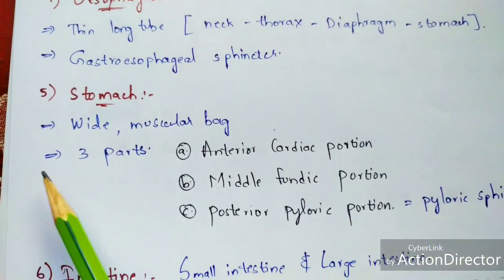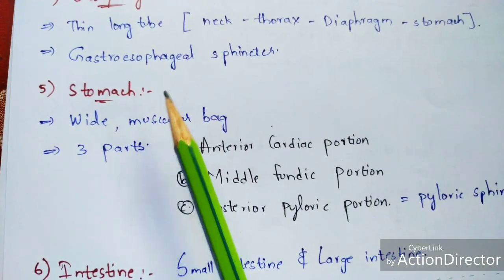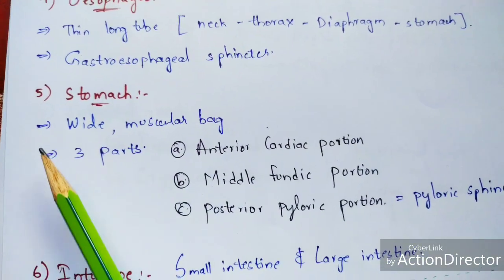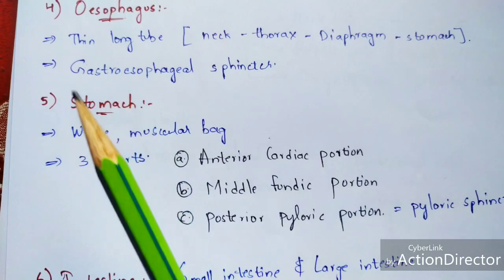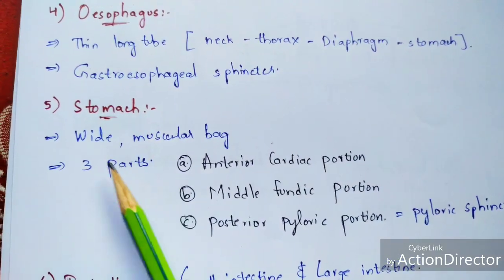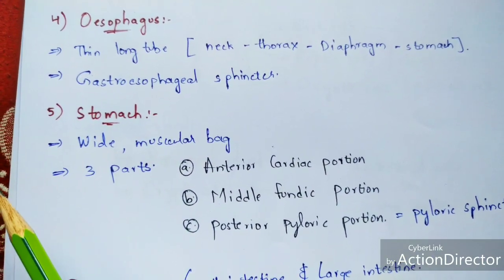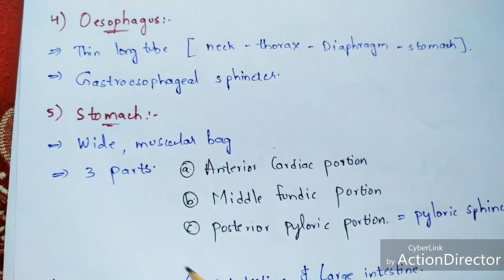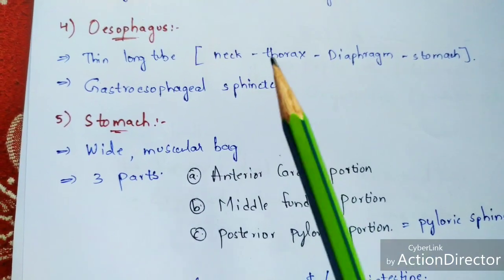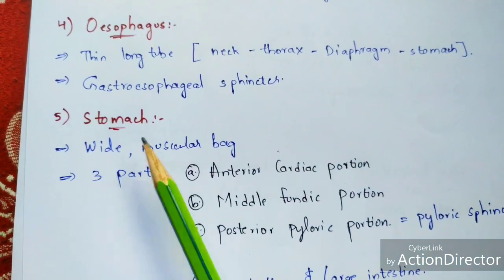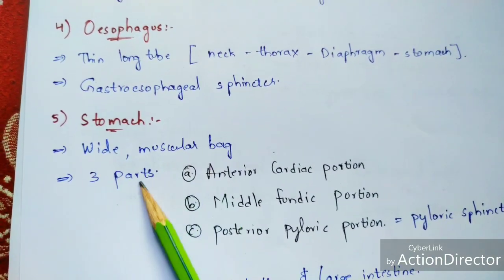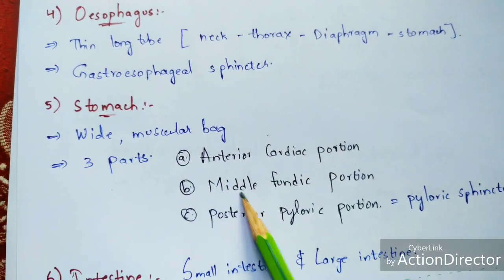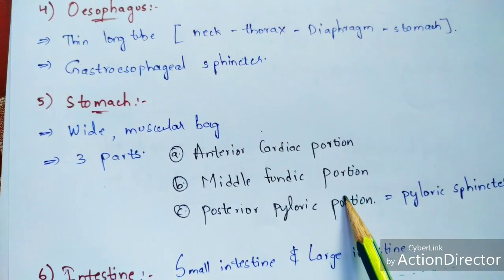Coming to the stomach, the stomach is a wide muscular bag, and it is J-shaped, or else it is also called C-shaped. It is a distensible muscular bag, located in the upper left portion of the abdominal cavity, just below the diaphragm. There are three main parts here: anterior cardiac portion, middle fundic portion, and posterior pyloric portion.